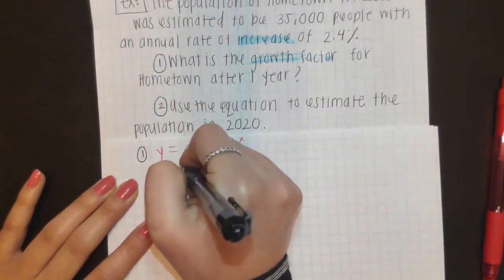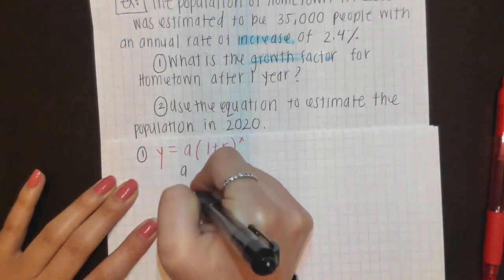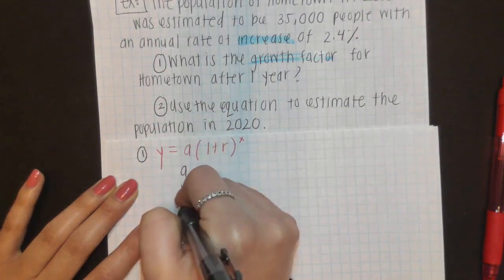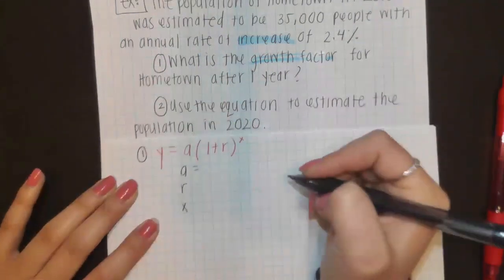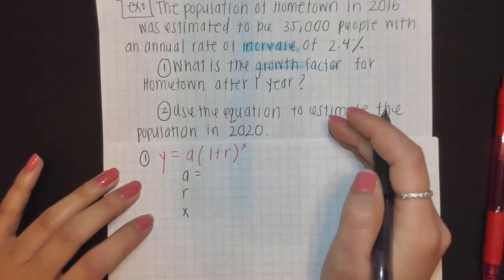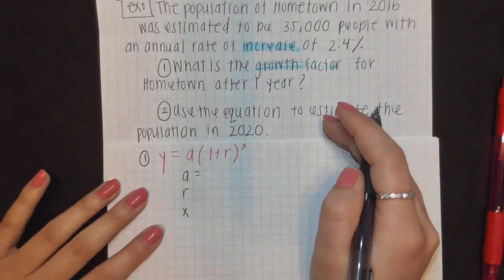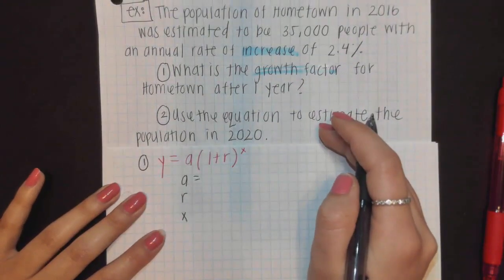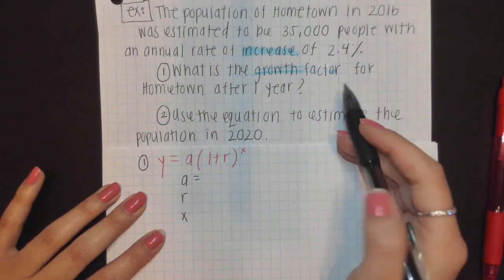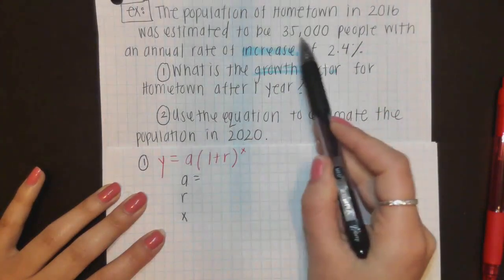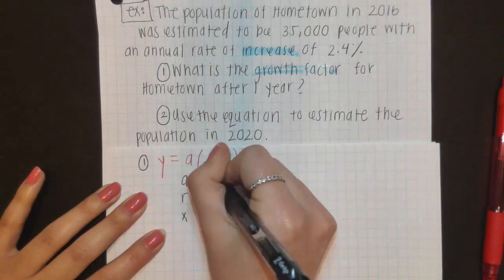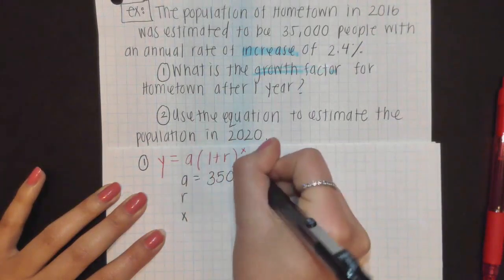So let's try to figure out, what is my a value going to represent, what is my r value, and what is my x value going to represent. So remember, a represents, if you go back to the top of your notes, the initial amount. So in this word problem, the initial amount of people would be 35,000 people. So I would say 35,000 is my a value.